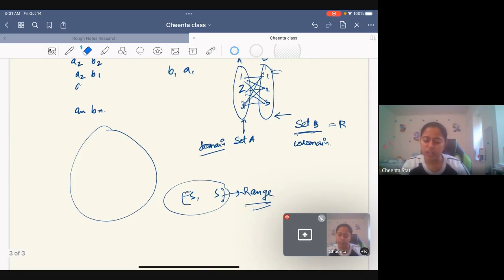Like for functions, we also define it similarly. So if you want to find the bigger set of the range, that is the codomain. But if you want to find the exact range, then you need to give the exact support, like in which it is actually lying.